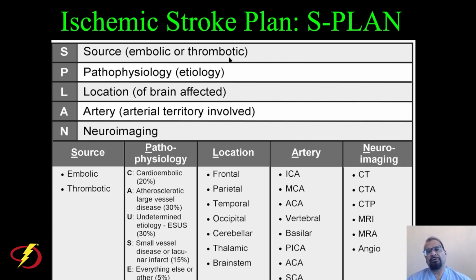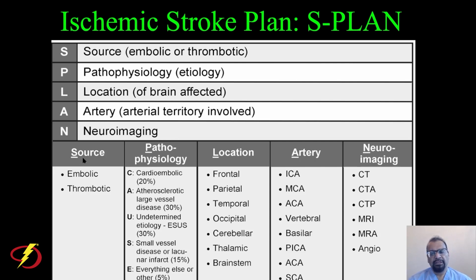Is this embolic or thrombotic? The second consideration is the pathophysiology. What is the etiology of the stroke? The next consideration is the location, what area of the brain is affected. The next consideration is the arterial territory, what arterial territory is involved. And finally, neuroimaging. I'll tell you right now that we don't care for stroke without neuroimaging.